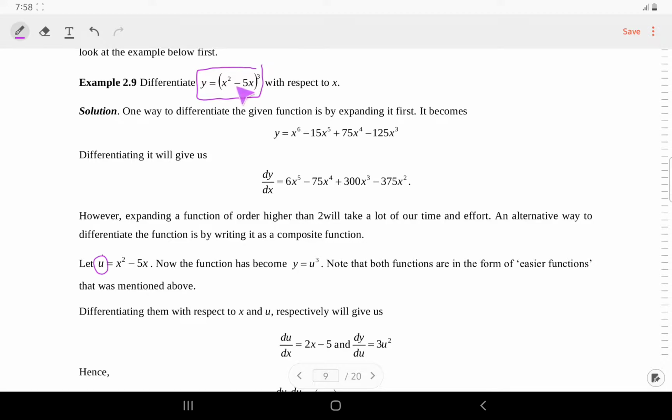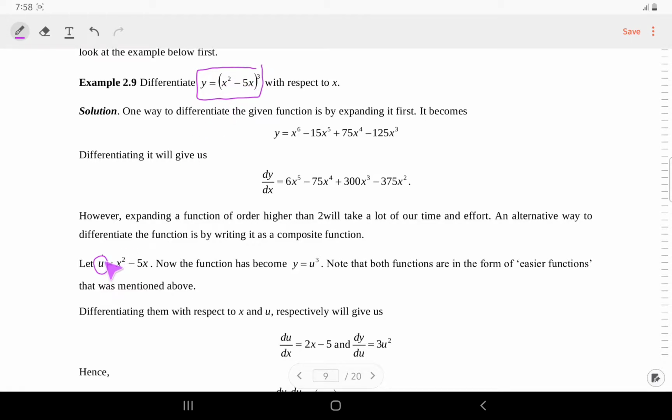Let's say for this function, x squared minus 5x power of 3, you need to choose the simplest form, which is in the bracket. You cannot choose x squared only, because x squared is accompanied by negative 5x. So we need to choose the whole two terms here as our u.